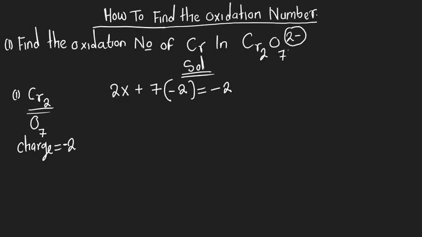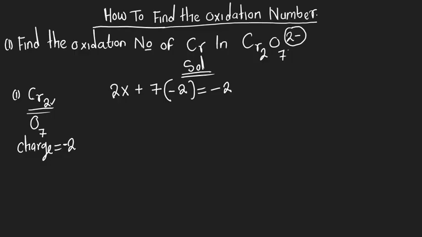So the first thing we did, we asked ourselves how many atoms of chromium? We said there are 2, so I said 2x. Then how many atoms of oxygen do we have? 7. This 7 is multiplied by the charge of oxygen, then equal to the charge given, which is 2 negative.